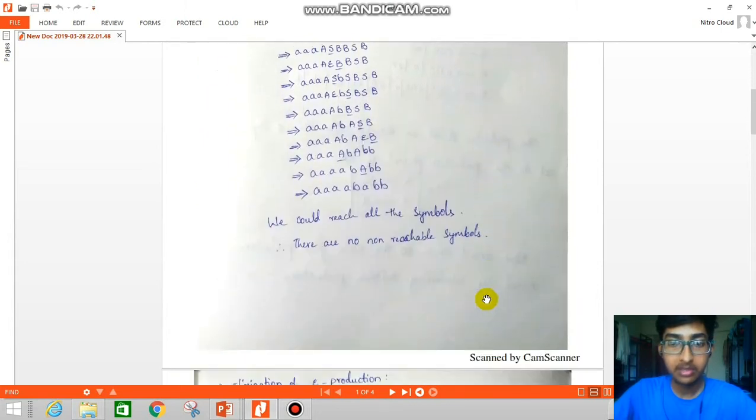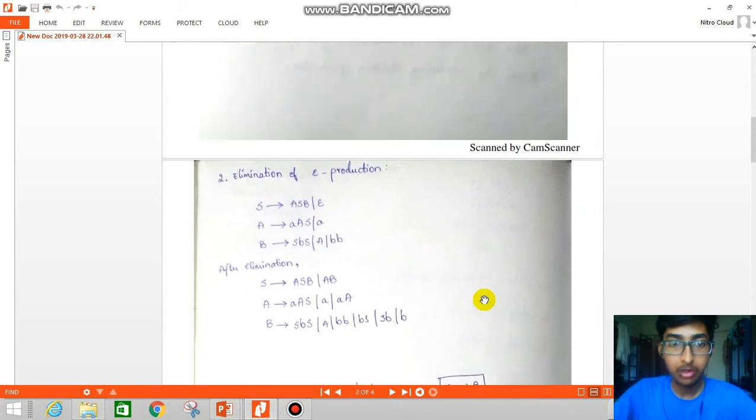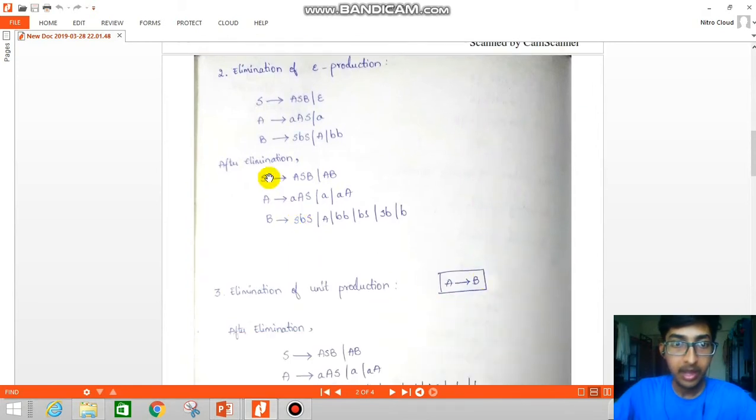Now the second part is elimination of epsilon production. As here we have S defines epsilon, so wherever you find S, you replace it with epsilon. So we have S here, so first write as it is.